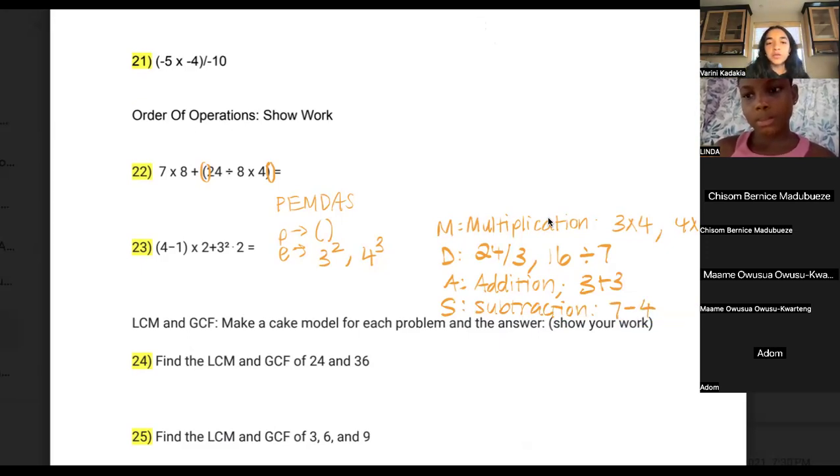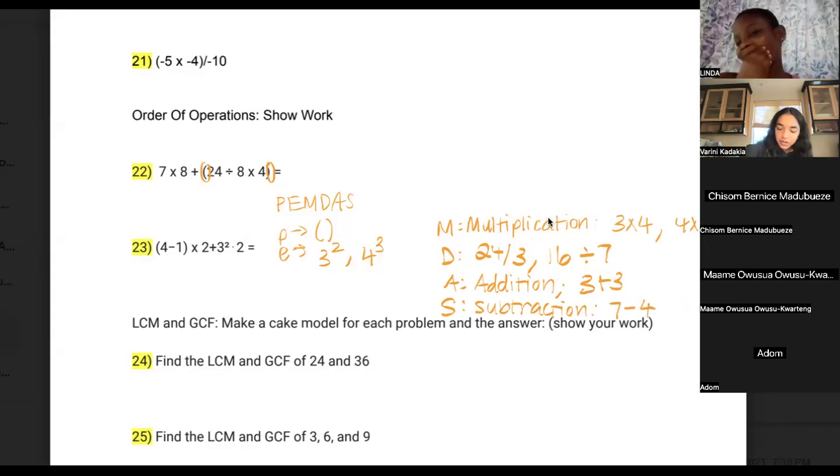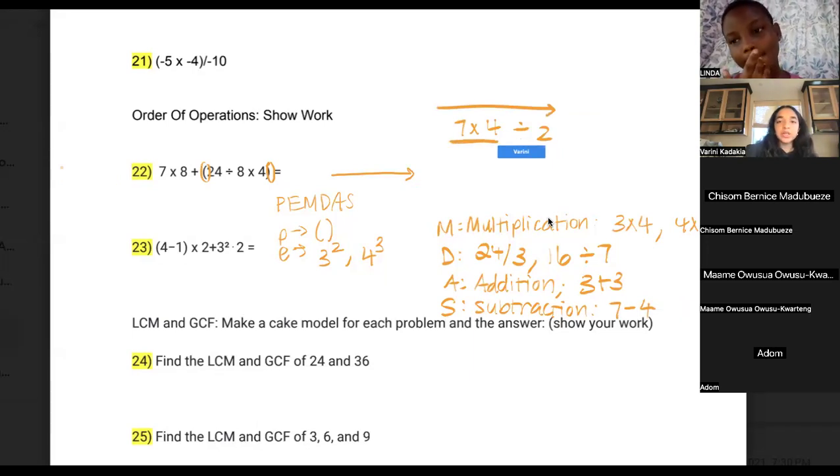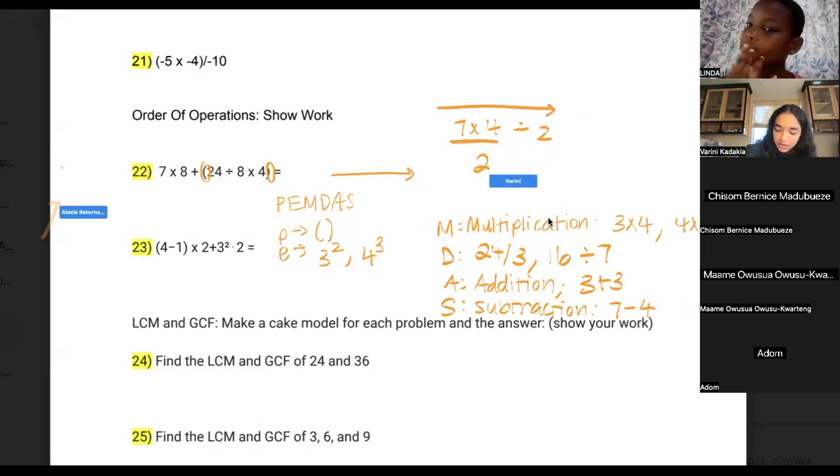Just keep in mind when using PEMDAS, you move from left to right whenever you look at the expression. If you're looking at the expression 7 times 4 divided by 2, you work left to right. If there's a multiplication first, you do the multiplication, then the division.